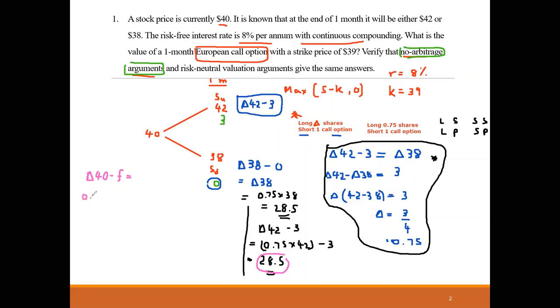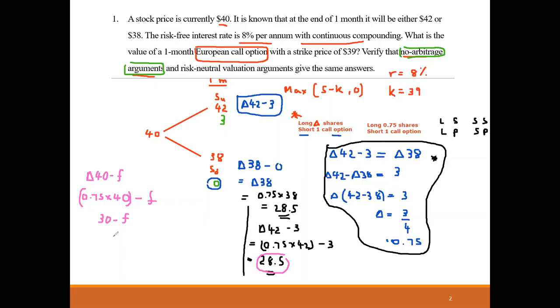So you can take 0.75 multiplied by 40, minus F. So how much will you have then? 0.75 into 40 is 30. 30 minus F will be the value of the portfolio today.